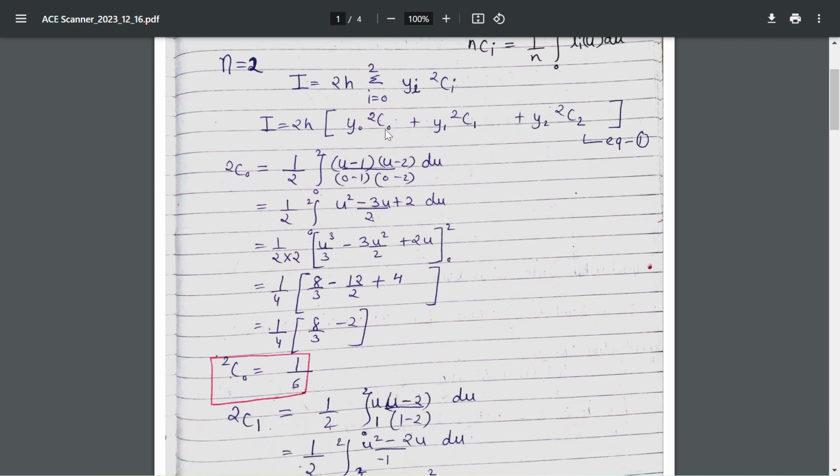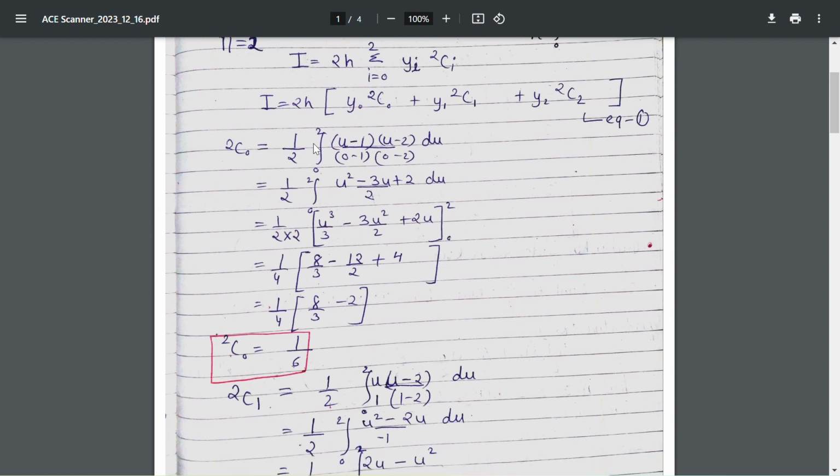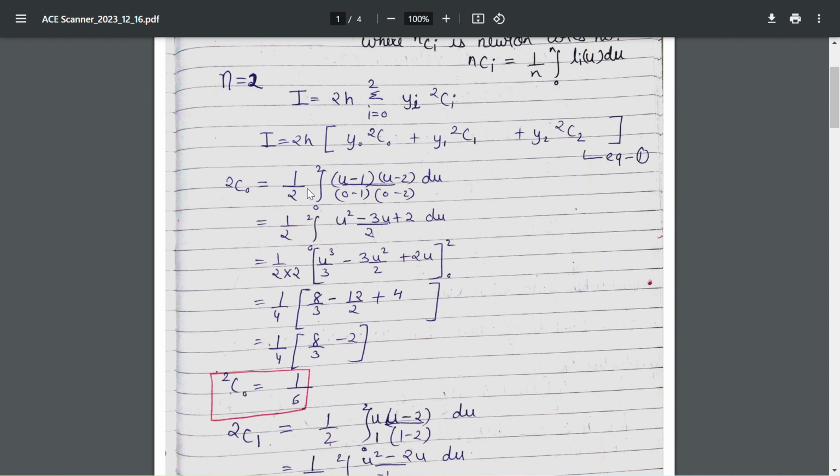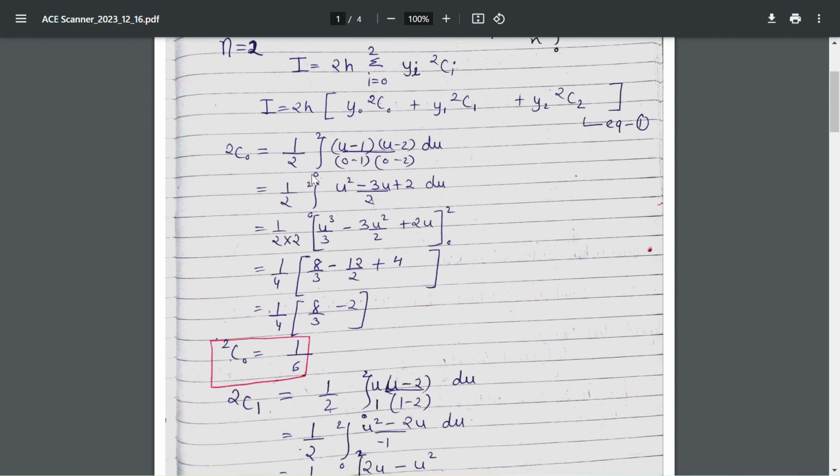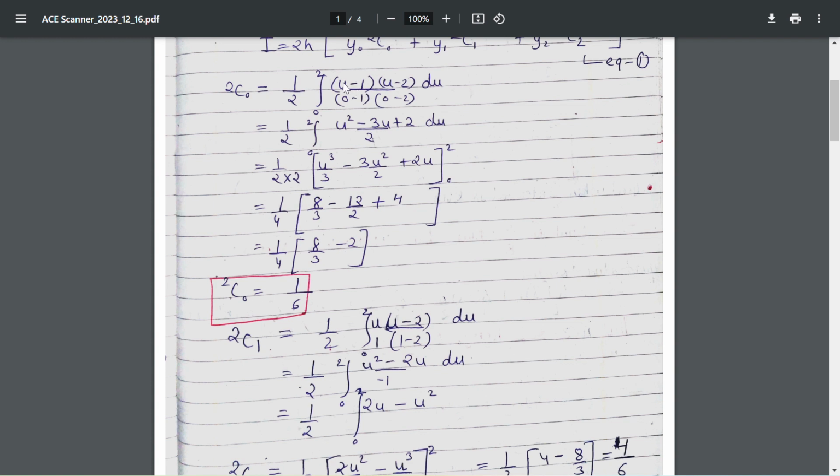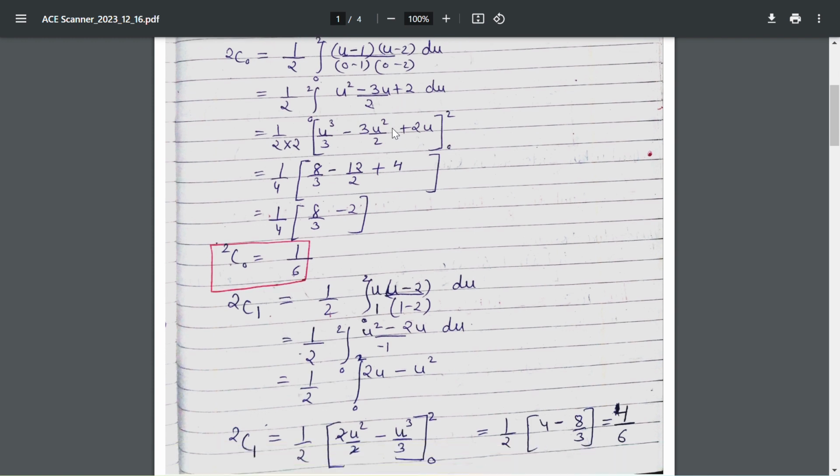So first we will find 2C0. Here n is 2 and i is 0. When we put these values in this formula, we get 1 by 2 integral 0 to 2 (u minus 1)(u minus 2) upon (0 minus 1)(0 minus 2) du. On solving these terms, we get (u square minus 3u plus 2) upon 2 du.